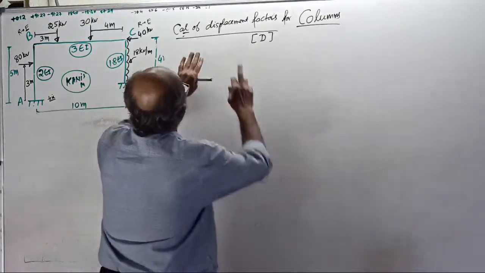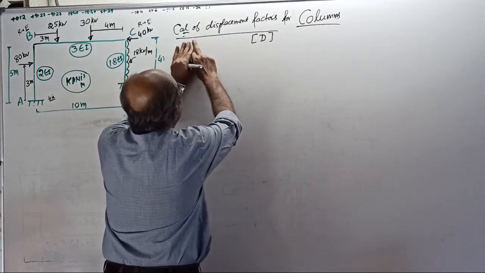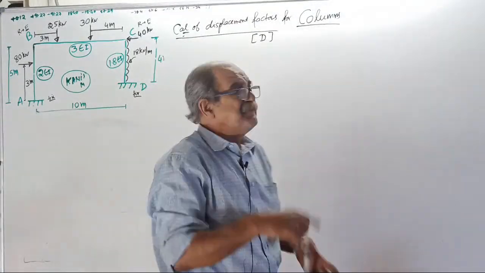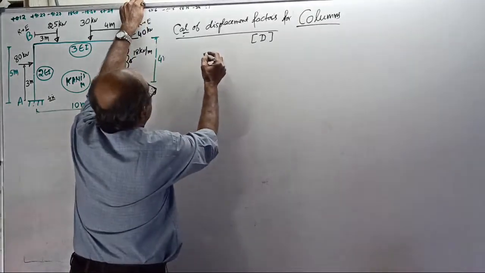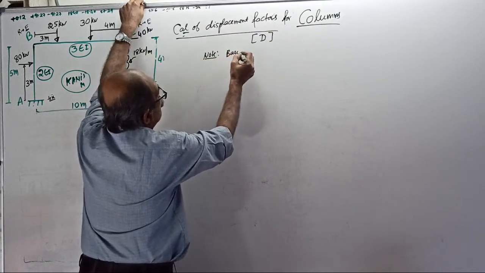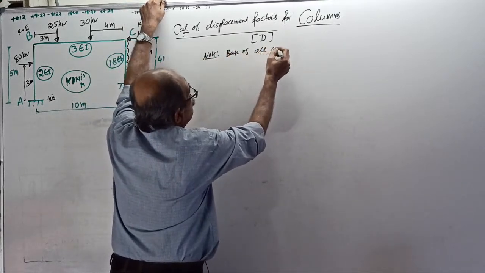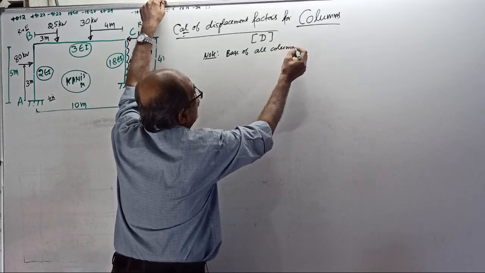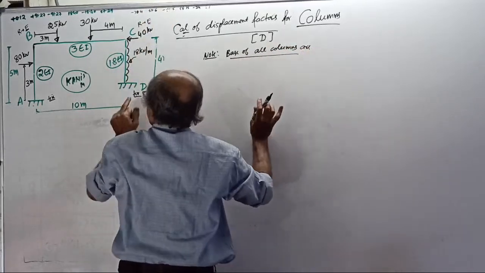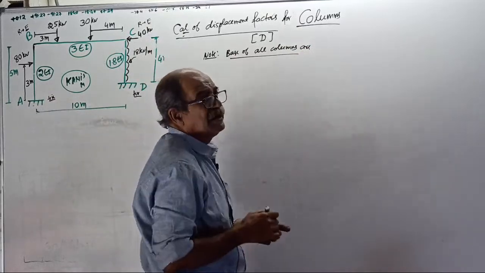Okay, D. Start. Now, when you calculate displacement factor for the column, first remember, note, observe: the base of all columns are, tell me the support condition, that is very, very important.